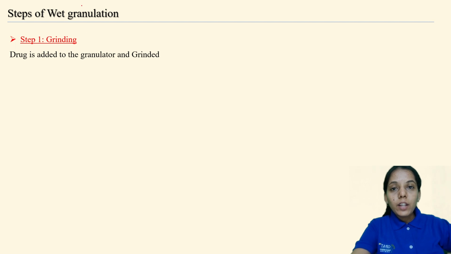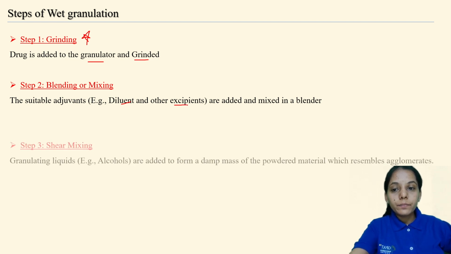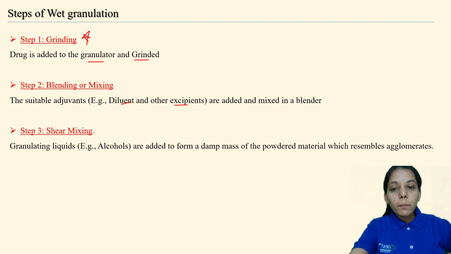Now see what steps are involved. The first is grinding. The drug is added to the granulator and ground. Step 2 is blending or mixing. Again, we mix with suitable diluents or other excipients in a blender. Step 3 is shear mixing.